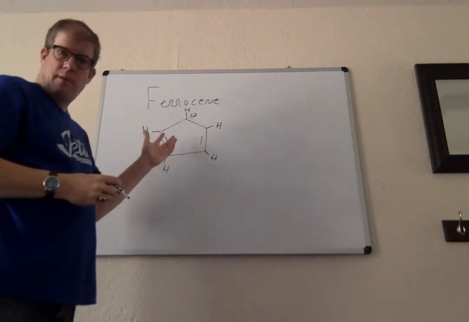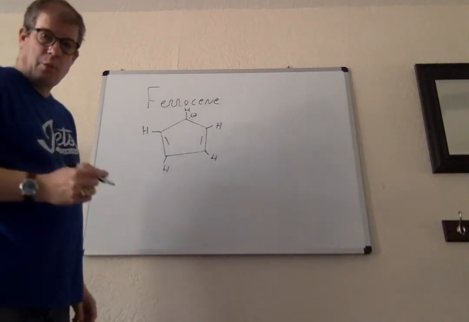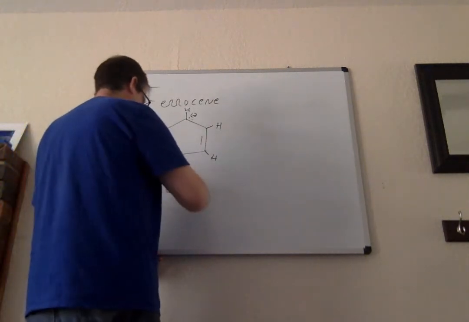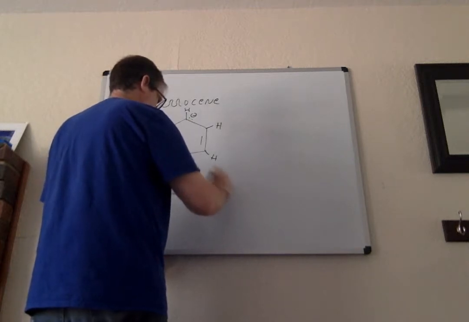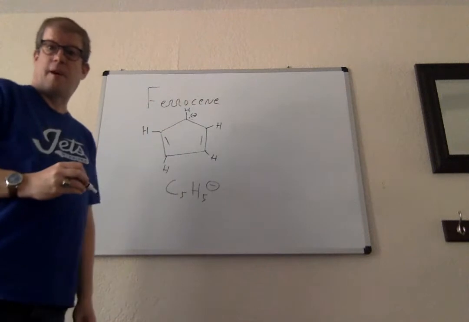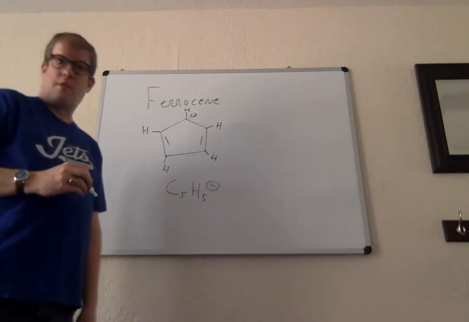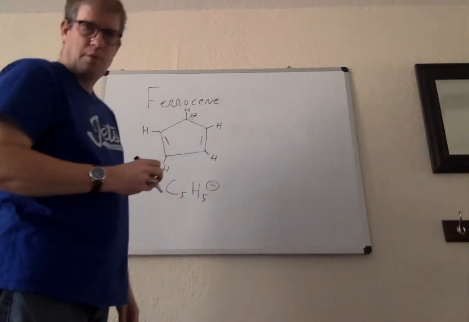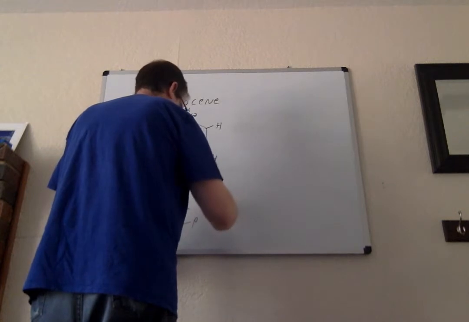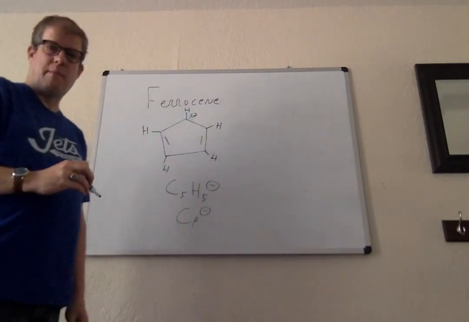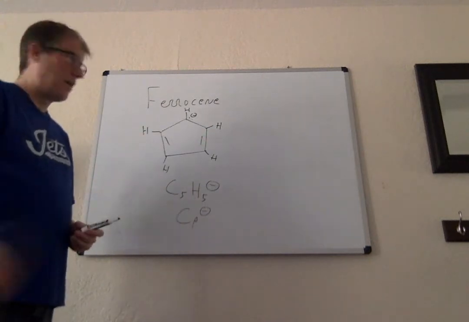And if you saturate the rest of the carbons, each one of them has one hydrogen on it. So another way you might write this formula is C5H5 minus. And yet another shorthand abbreviation for this, which we won't use for very much of this stuff, is Cp minus, cyclopentadienyl shorthand, reminding us that we have a minus charge on there.